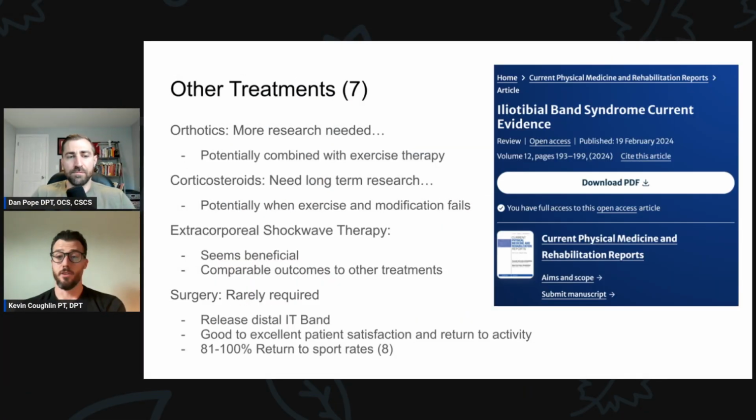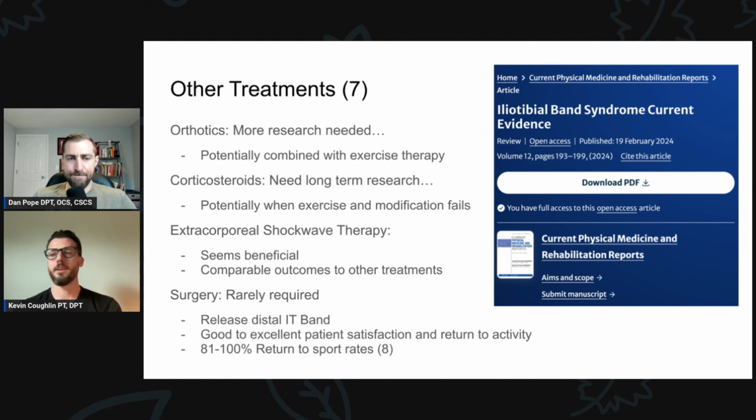All right. And then just a little bit about other treatments. There are some other things we can look at. In this study on iliotibial band syndrome, current evidence, they've looked at orthotics, but I think more research is needed. Potentially, it could be successful combined with exercise therapy.